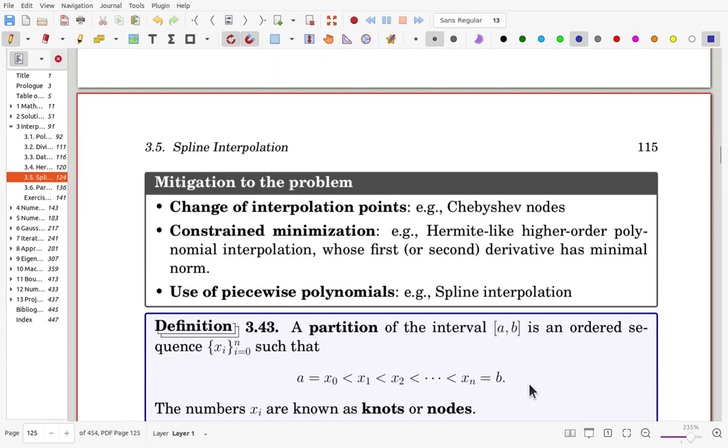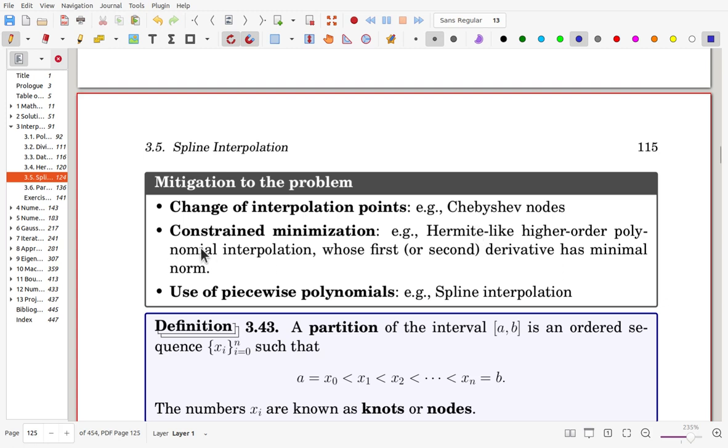Now, for this problem, we have some strategies. Changing the interpolation points is one of them. Earlier we studied Chebyshev knots, which try to minimize the product portion in the interpolation error theorem.